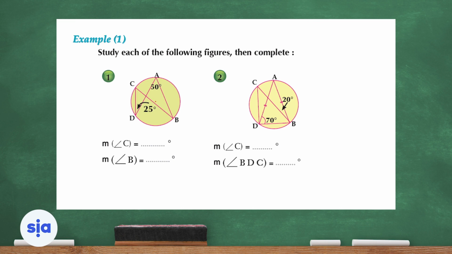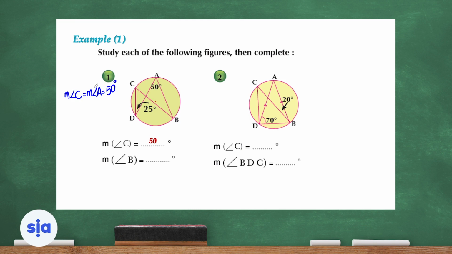So the measure of angle C is equal to the measure of angle A, which is 50 degrees. Why is that? Because they are both inscribed angles from the same arc DB. So angle C is 50 degrees.